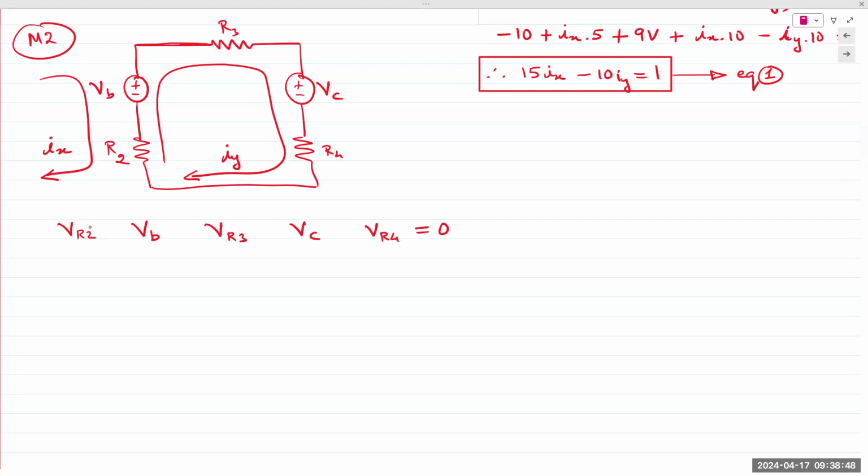And again, apply your own techniques. For me, this would be plus, minus, plus, minus, plus, minus. And sum up the voltages going in the same direction as my mesh current. So I have VR2 minus VB plus VR3 plus VC plus VR4 equals to 0. Check that against your own KVL expression.